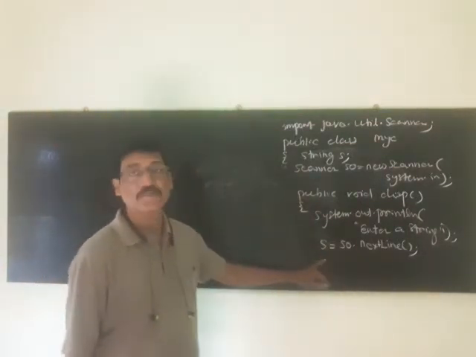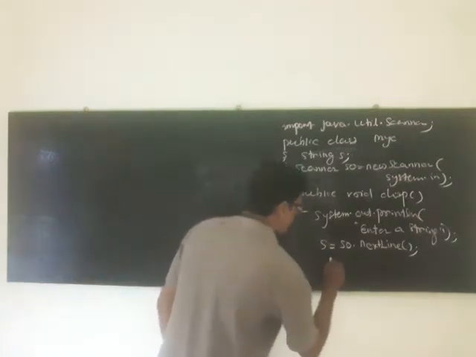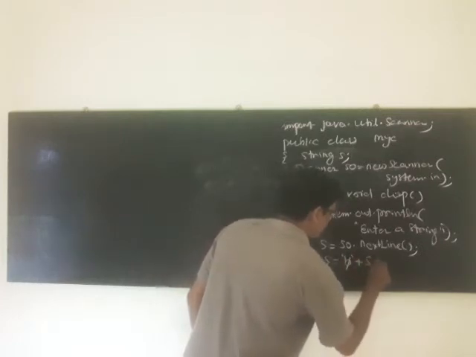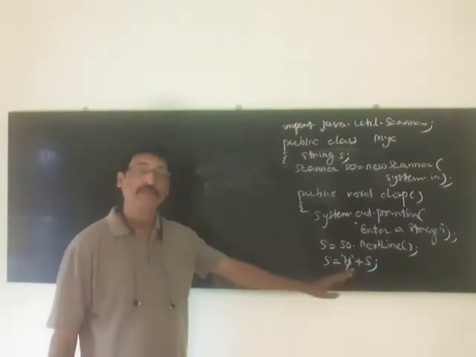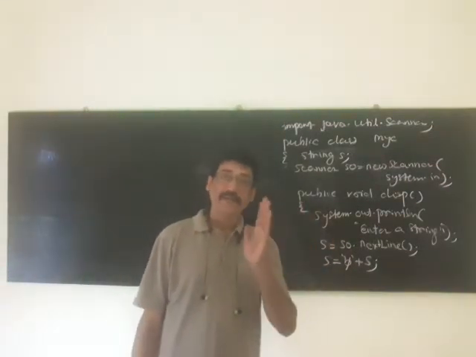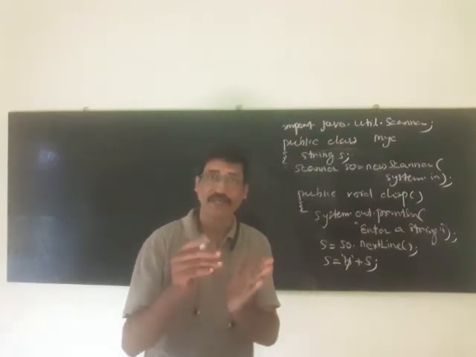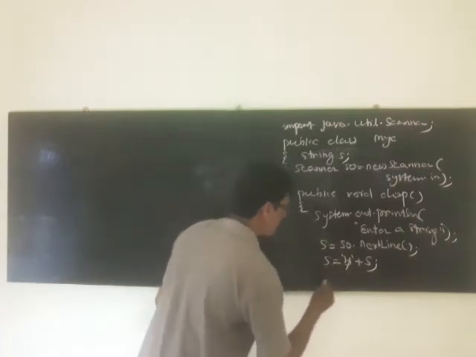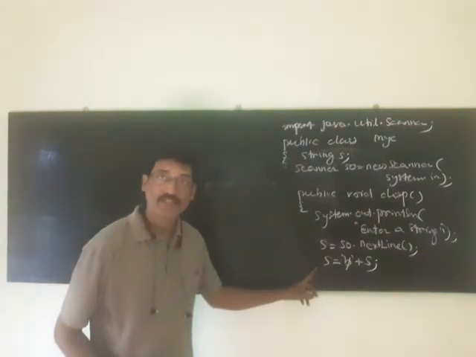After the string is input, as I told, add a space character in the beginning of the string. You can do it by using the concat operator, that is space plus s. This will help you input a space character. Then you find the index position of the last space character, so that we can extract the last word of the string. How to select? We will take the lastIndexOf function.